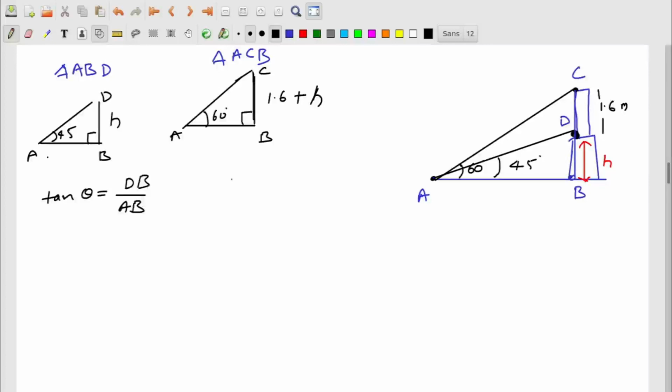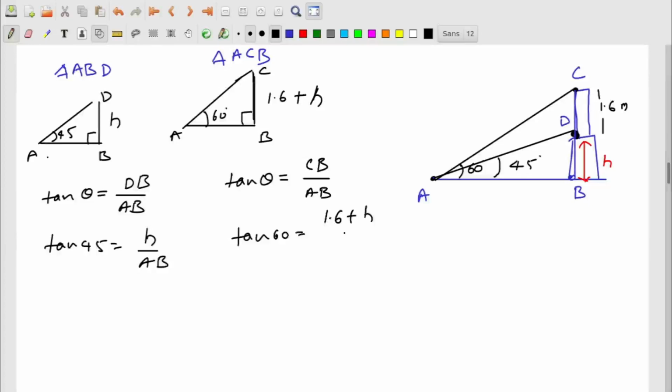Again here you can use the same, tan theta is equal to CB by AB. Now substitute the values. What is theta here? 45. Tan 45 is equal to h divided by AB. Here tan 60 is equal to 1.6 plus h divided by AB.